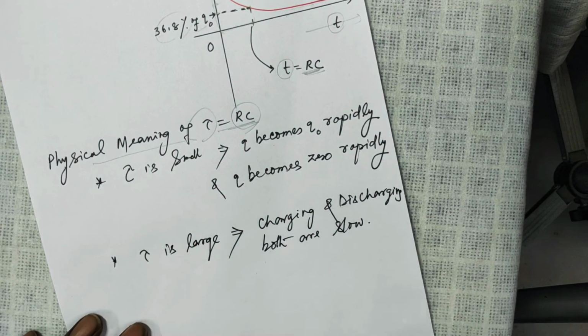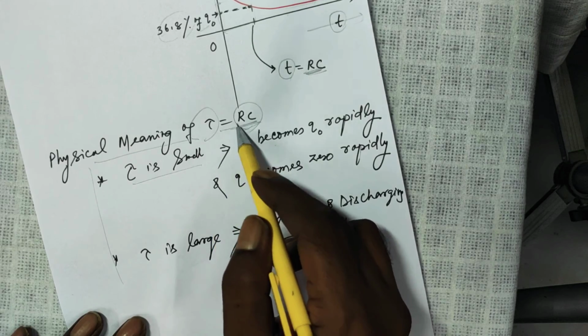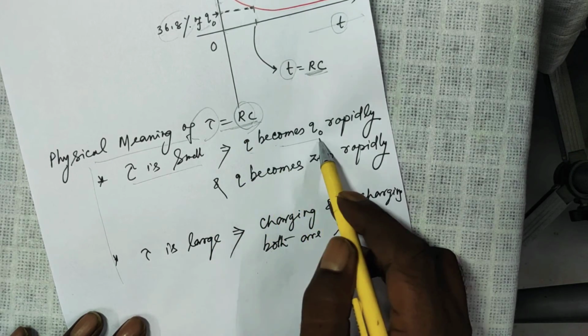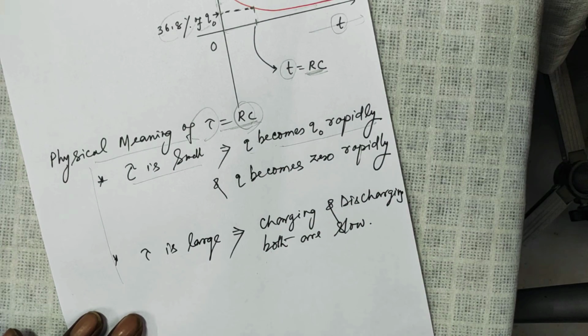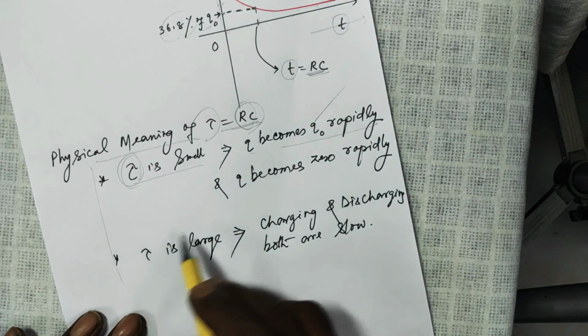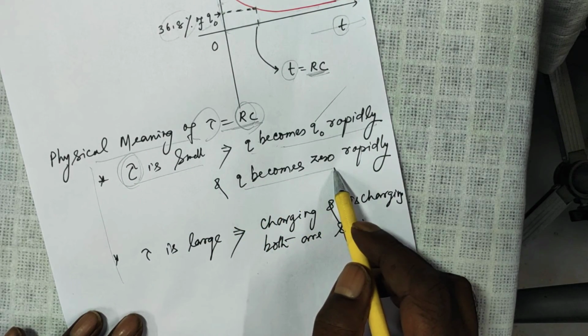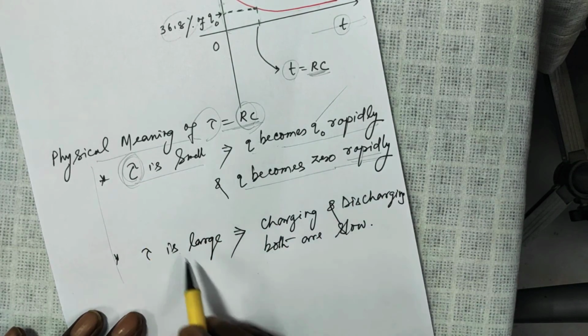If you look at those two equations, the final equation of lesson 4 and the final equation of lesson 5, alternating current 4 and 5, the conclusion is like this. If tau is small, if the value of RC is small, Q becomes Q naught rapidly, meaning the charge in the capacitor attains its maximum value Q naught quickly. And Q becomes 0 rapidly if the value of tau is small.